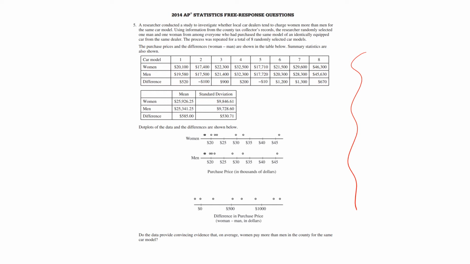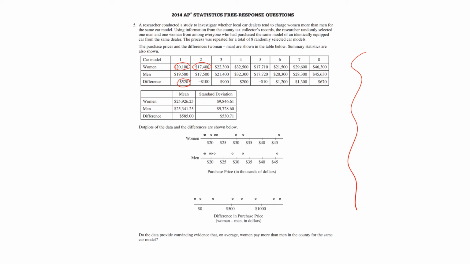Our basic variable is the car prices. That's one quantitative variable. The question is, are we going to consider each observation to be a single number, what the woman paid and what men paid, or is it the difference of two related numbers?